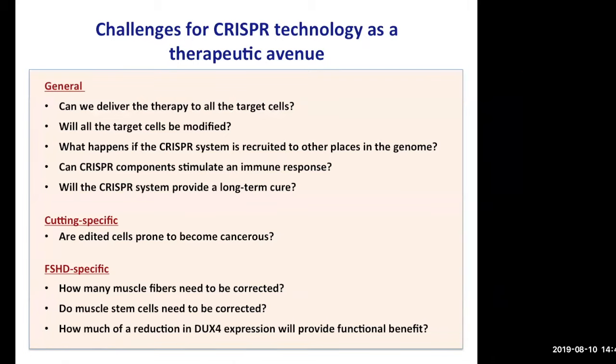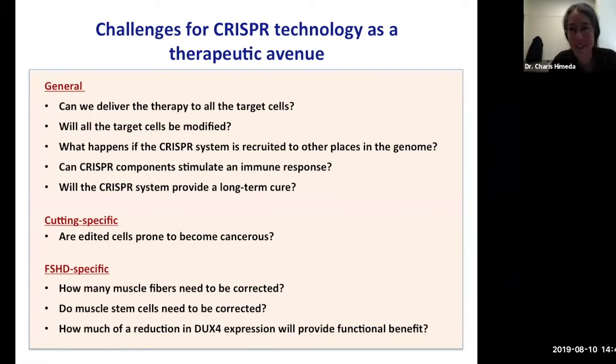Here's a question. Did I correctly understand you to say that the problem of modified cells becoming cancerous was not as great in FSHD? Oh, no, sorry, I must have misspoke. In some ways, yeah. The system that we're using, the CRISPR inhibition, this will not be an issue. This is a problem with using CRISPR as a cutter, using it as the scissors to basically cut DNA.